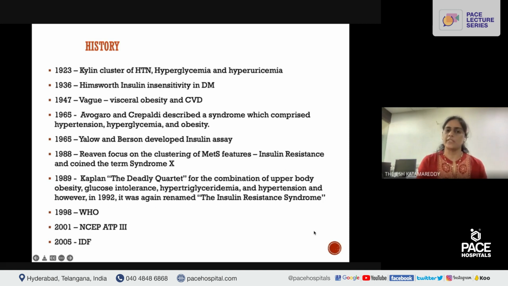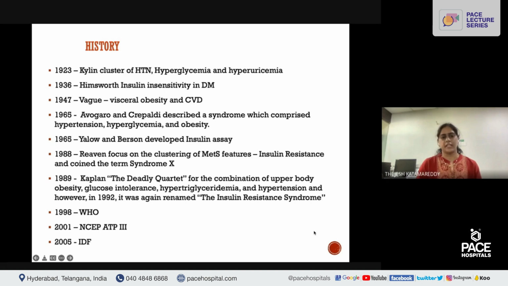Reaven is the scientist who found a cluster of this metabolic syndrome, which includes insulin resistance, and he coined the term Syndrome X. In 1989, Kaplan named it the deadly quartet, and he included four components: obesity, glucose intolerance, hypertriglyceridemia, and hypertension. Later, he renamed it from deadly quartet to insulin resistance syndrome.